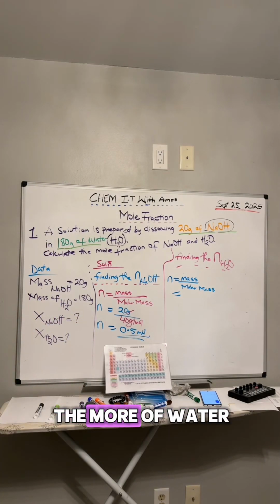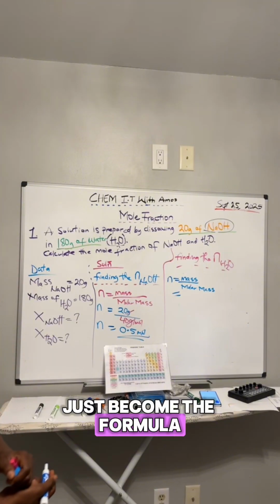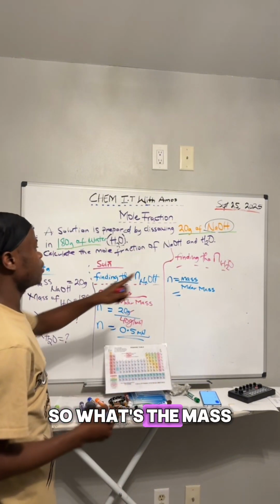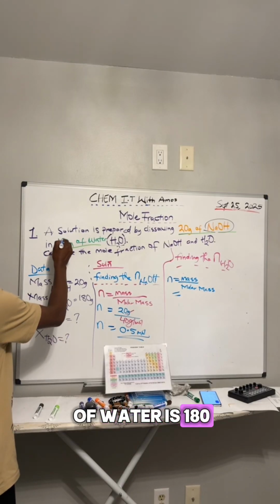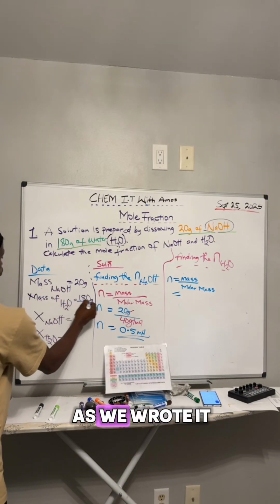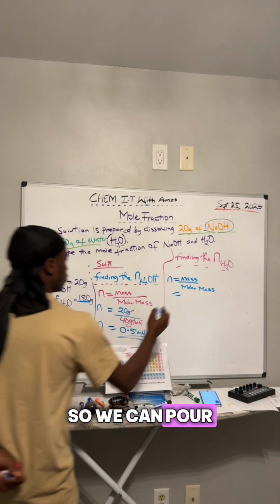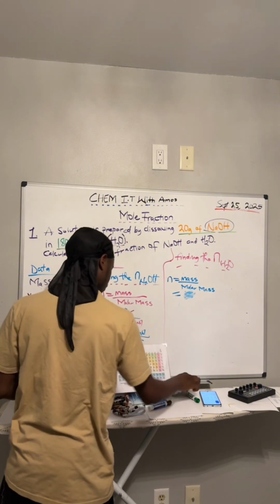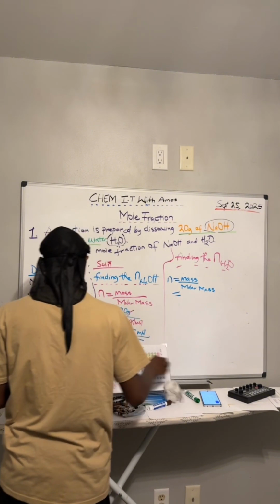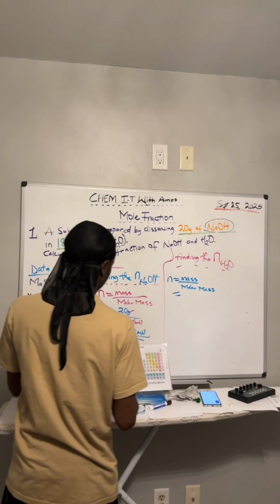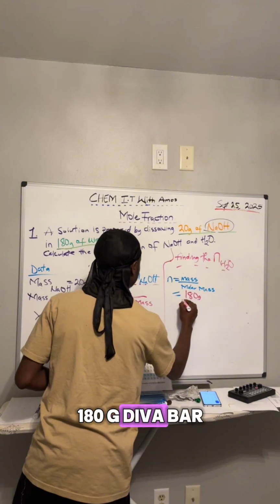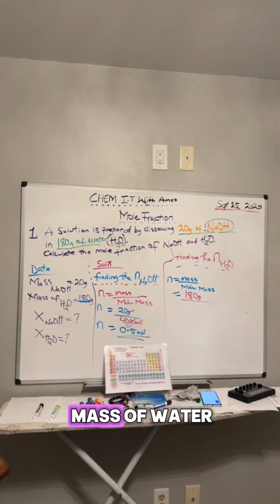Remember, we are finding the mole of water. This becomes the formula to find mole. So what's the mass of water? It's 180 as we wrote it right here. So we place 180 gram divided by the molar mass of water.